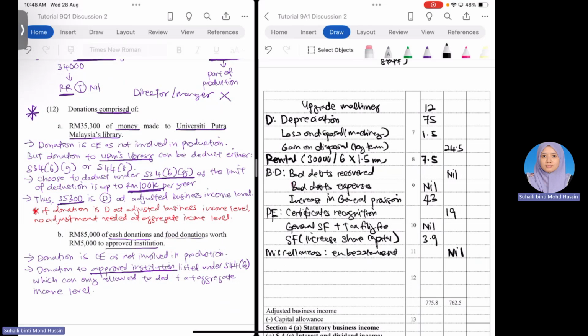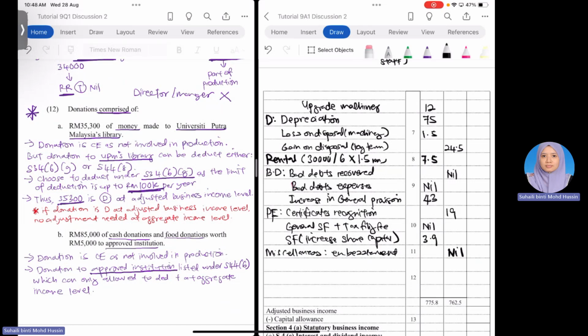But you have to remember that all donation is capital expenditure, because this is not a trading or production transaction. But some of it, as I mentioned just now, is allowed by the government to be deducted because the government wants to encourage them to donate to institutions. So the company now donates to the UPM library, Universiti Putra Malaysia library. It's a local institution, right?